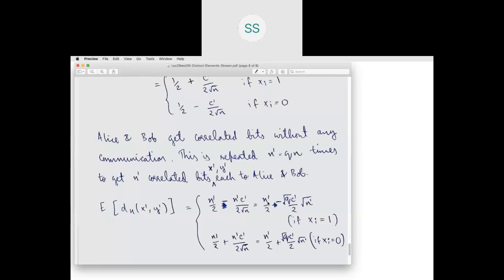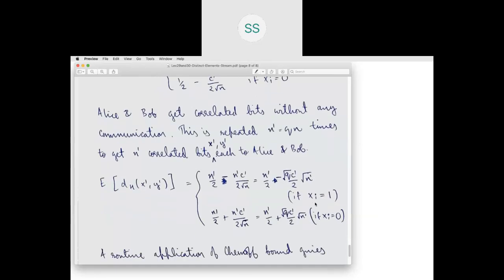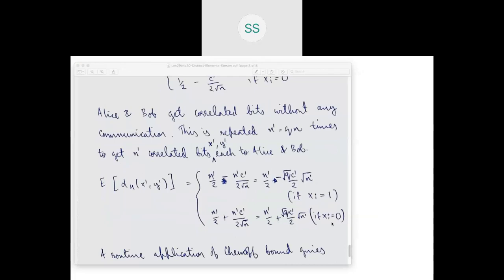So here it is n prime divided by 2 minus some constant times square root n prime. So the expected Hamming distance is slightly below the half length if xi equal to 1, and slightly above the half length if xi equal to 0.